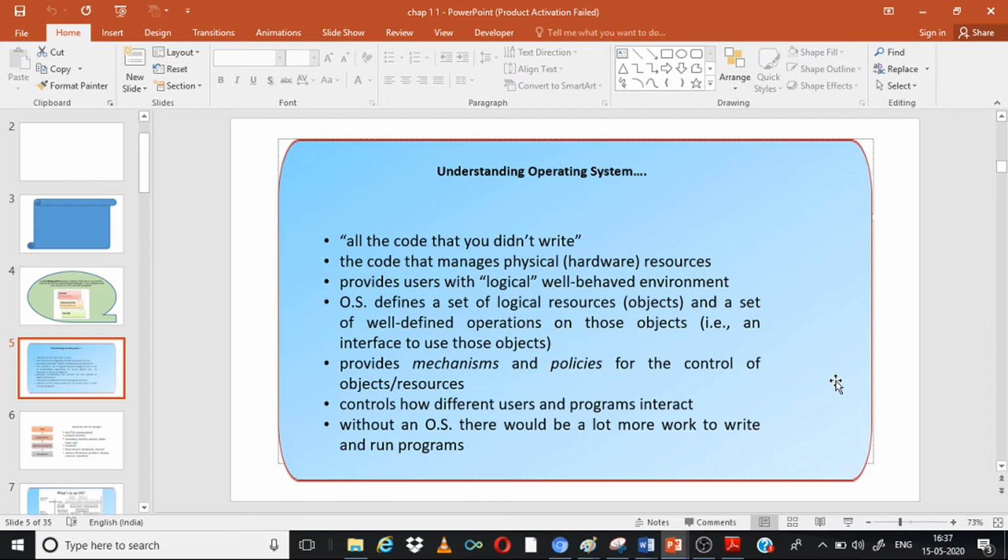We are just concerned about the application running at our end. The operating system defines a set of logical resources and the operations on those resources. It provides mechanisms and policies for the control of the resources. It controls how different users and programs interact with the system and with each other. Without an operating system, using our laptops, computers, machines would have been really difficult.